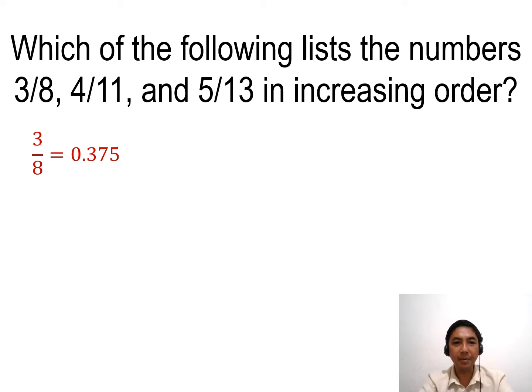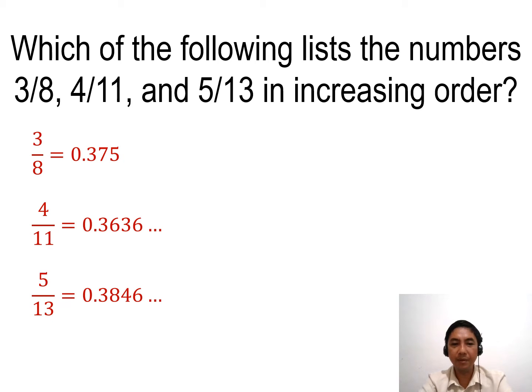You can divide 3 by 8, and it will give you 0.375. You can divide 4 by 11, and that will give you 0.363636. And then you can divide 5 by 13, so you are given 0.3846.